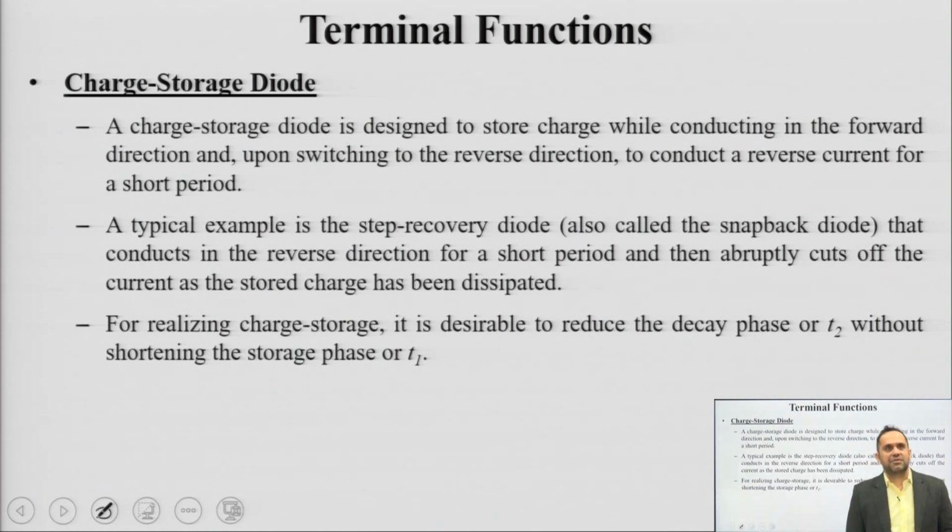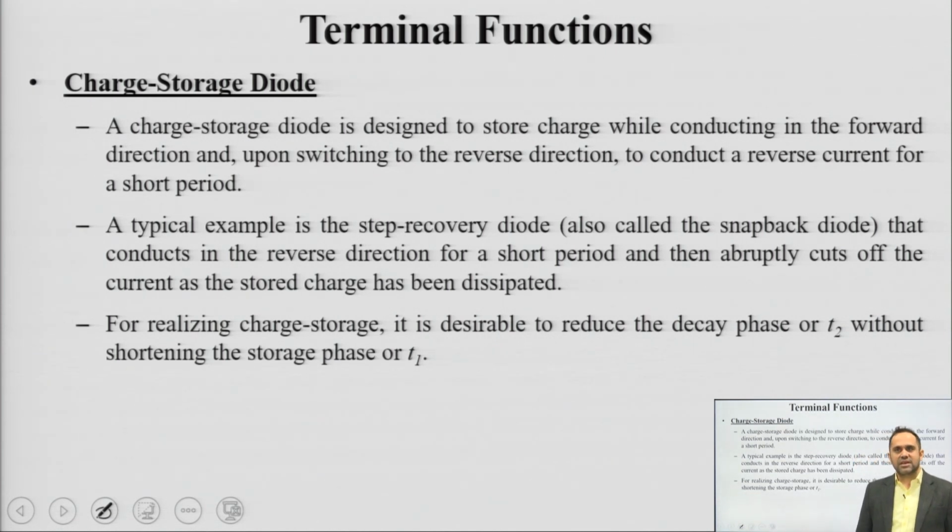By the name itself, it is designed to store charge while conducting in the forward direction, and when you switch it to reverse direction, it conducts a reverse current for a very short period of time and then the reverse current goes to 0. A typical example is the step recovery diode or snapback diode, which conducts in the reverse direction for a short period and then abruptly cuts off current as the stored charge has been used.